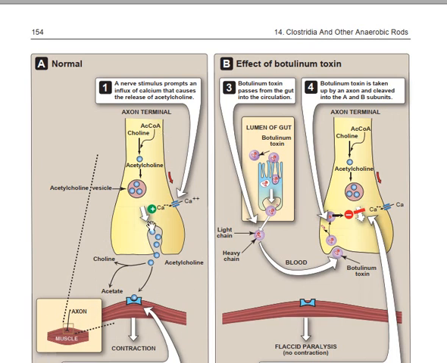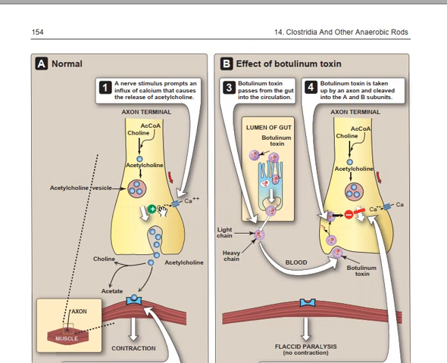Now, at the end of a nerve, at the nerve terminal, the action potential is going to be converted from an electrical stimulus to a chemical stimulus. So when the action potential is transmitted, calcium ions are going to enter the cell.